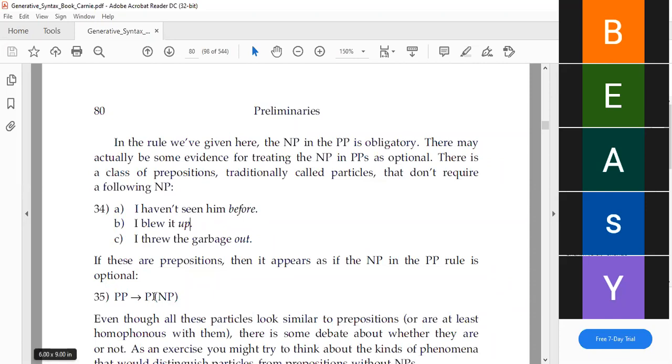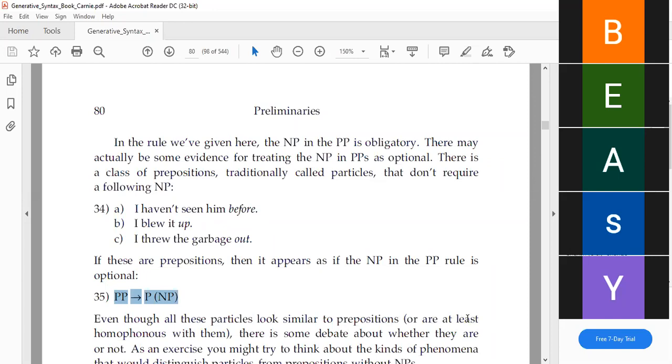In most cases we have an NP, then it is there. And in the case "I haven't seen it before," we also make this optional, so it can be deleted. So this is the PP rule. So NP rule, AdjP rule, AdvP rule, number 4, PP rule consists of P and optional NP in English.